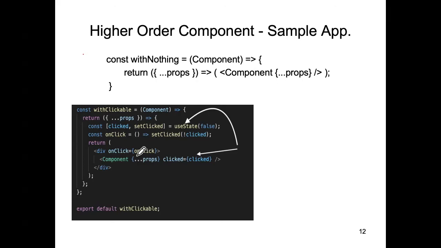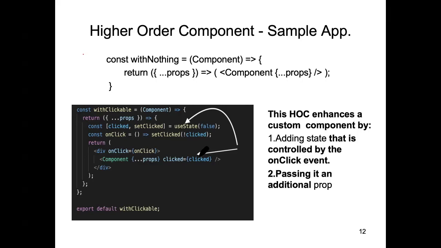I'm taking the props that were created for my component and passing them on to what is being returned by this function, but I'm also adding on a new prop. So my higher order component function is not only adding state to my custom component, it's also providing an additional prop to my custom component.